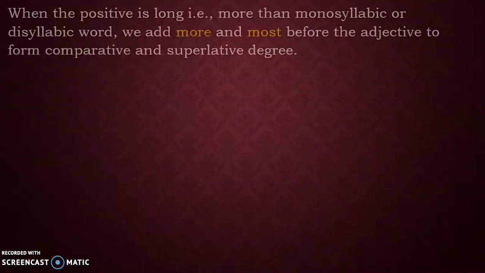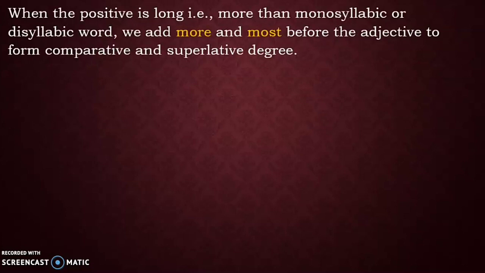Moving forward, another rule. When a positive degree word, an adjective, is very long, it is not monosyllabic, it is not disyllabic, it has 3, 4, or more syllables. At that time, you need to add words such as more, most, before the adjective while transforming it to the comparative and superlative form.